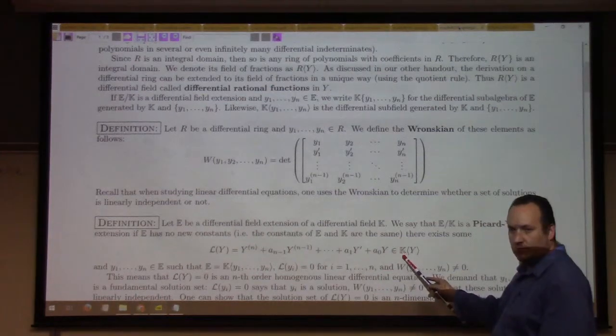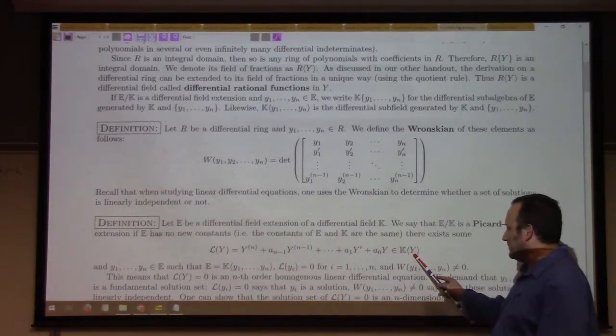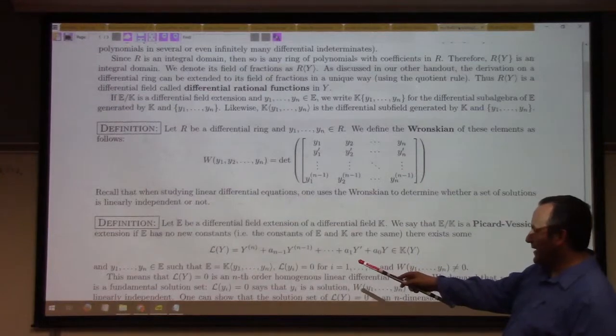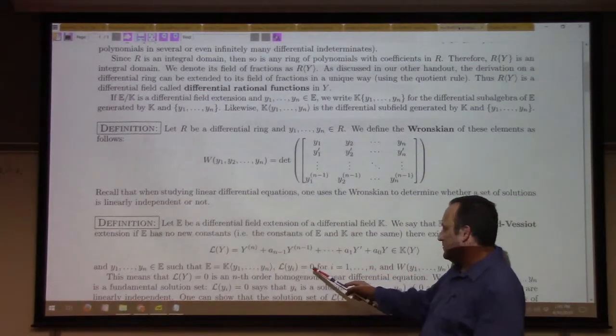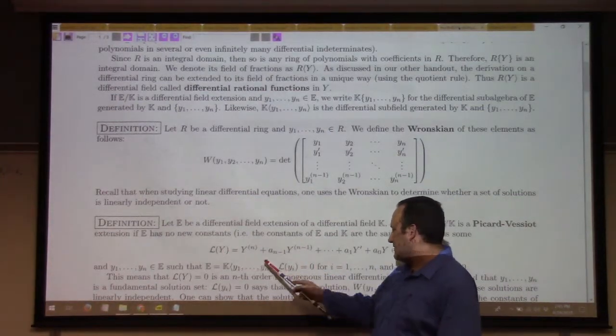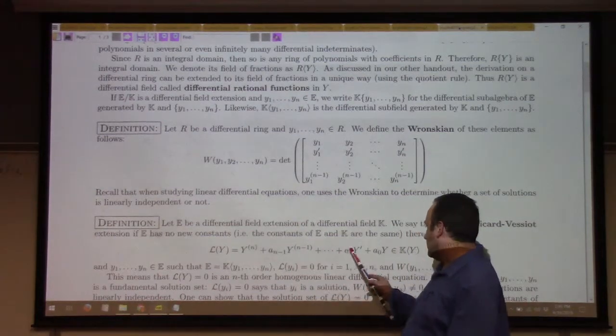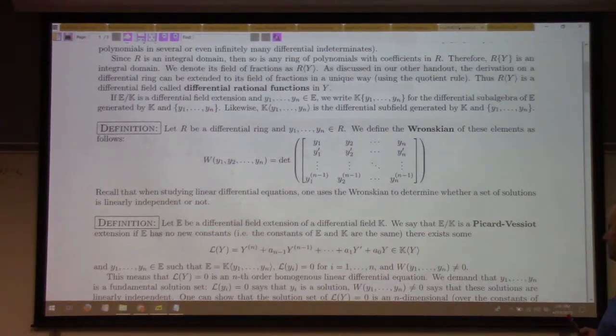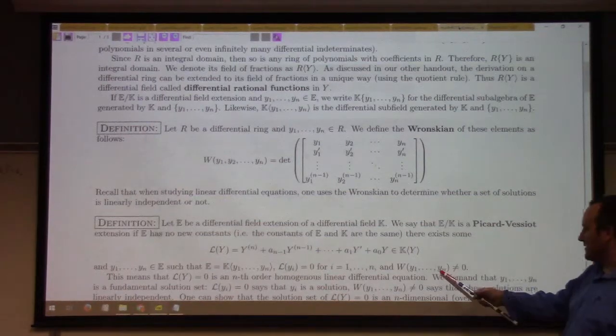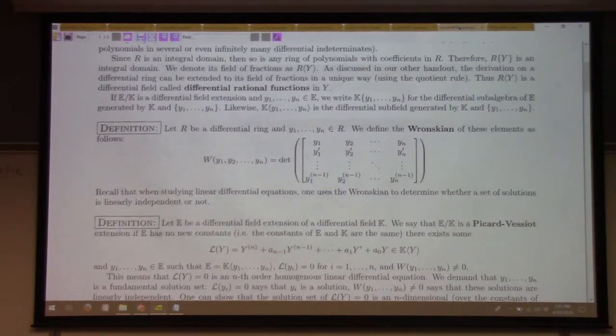And y1 through yn such that when you evaluate this at yi, you get 0, and the Wronskian is non-zero. So they possess the algebra that is known for a solution set of linearly independent solutions. This is the algebraic core of what it means to have a fundamental solution set. That's what's in this definition.